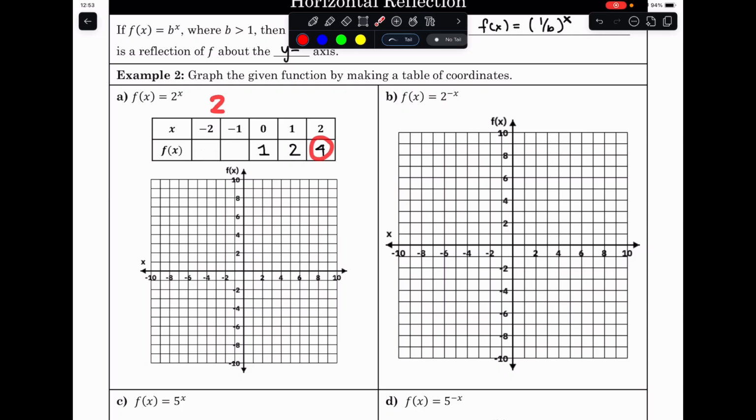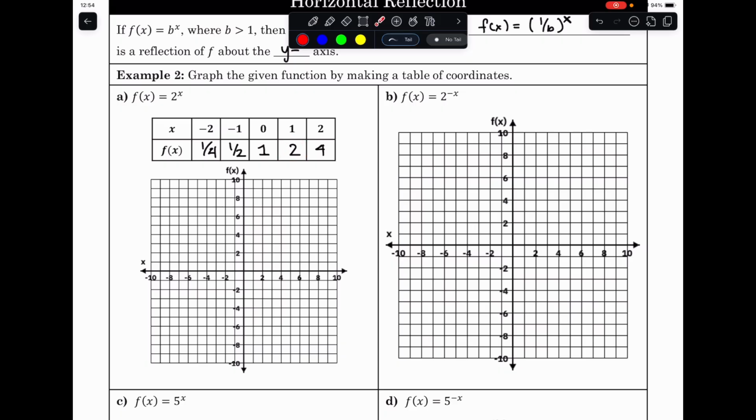So since 2 to the second power is 4, then 2 to the negative second power will be 1 over 4 as a result. And the same thing is going to be true with negative 1. This would be 1 over 2. Again, the reciprocal of that value there.